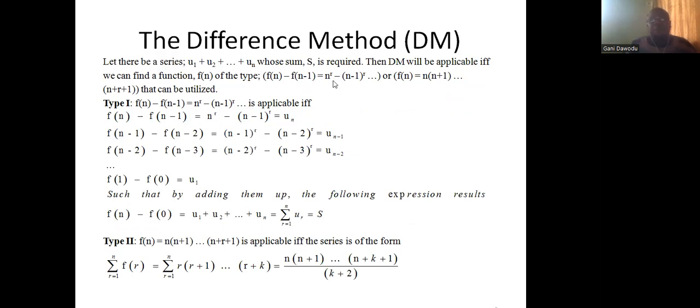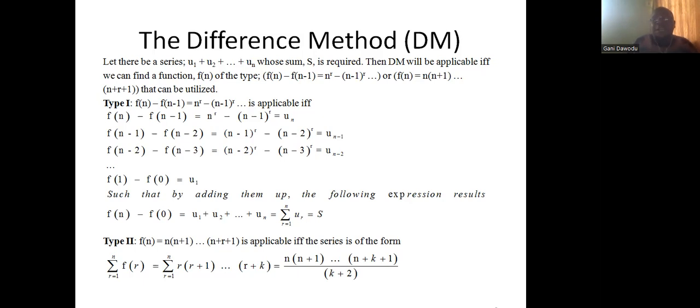Now, if it is the functional type, the one I call type 1, you are looking for a function f of n that will be raised to a power, say n raised to power half, that will assist you to deal with this series. This series is the type you meet in time series, where you have u sub n or u sub n minus 1.